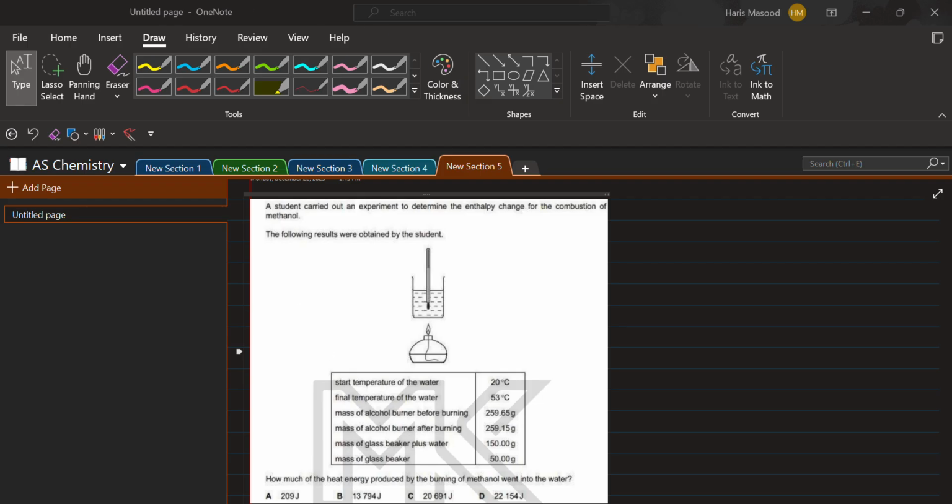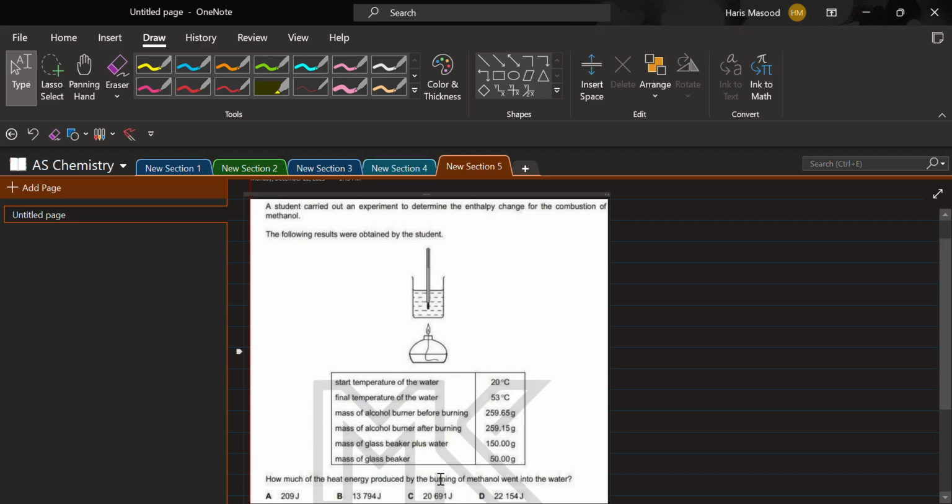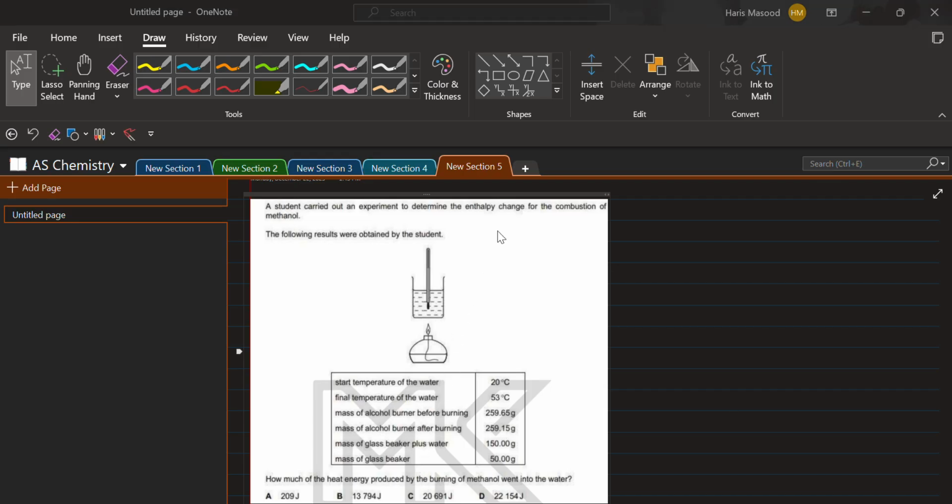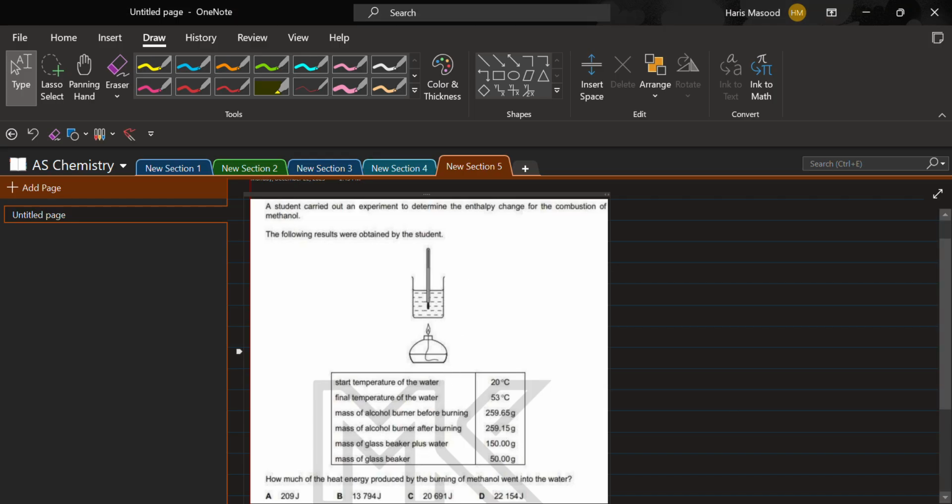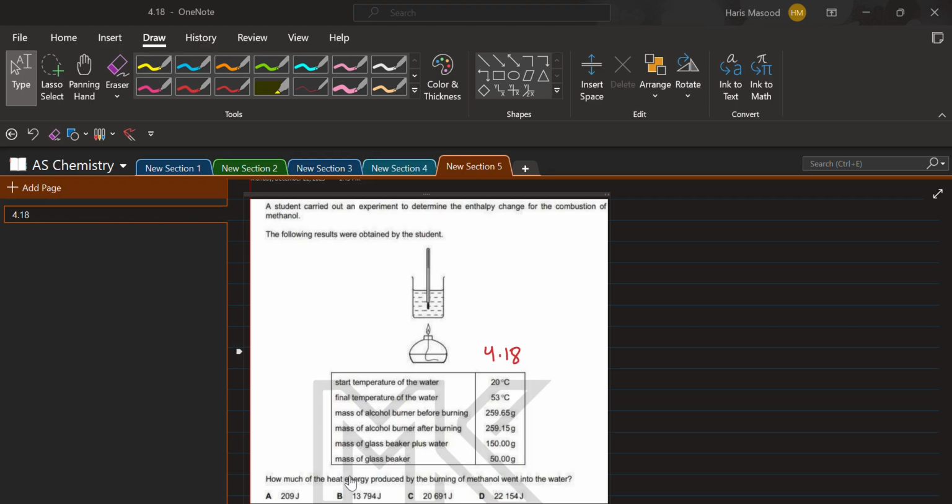The specific heat is not given here. That will be 4.18 for the water. Yeah, sure, try it yourself.